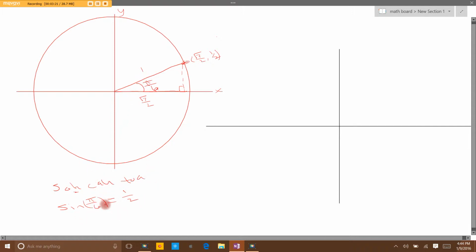And then you can do that for cosine. So cosine of theta, which in this case is pi over 6, equals, again, root 3 over 2, because we have x here, right? You could do that with 60 degrees. It's convenient because we have a radius of 1.